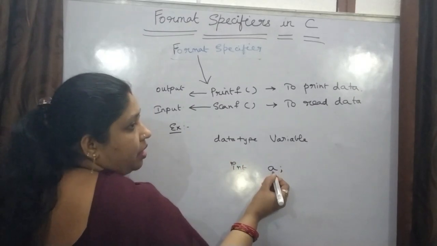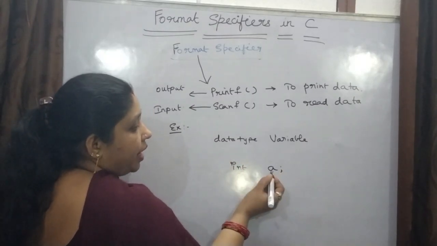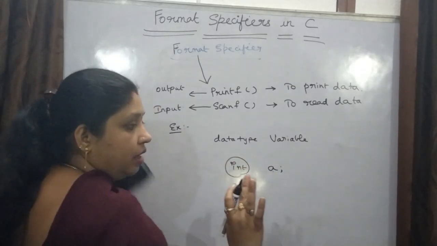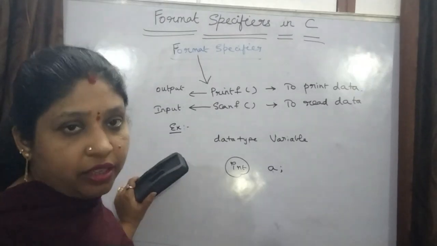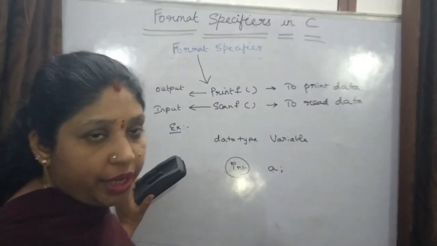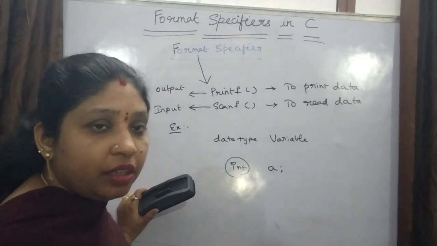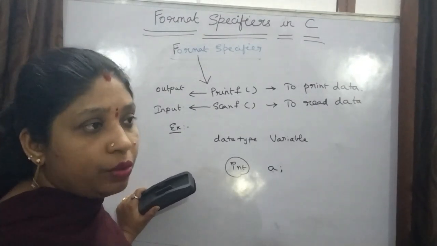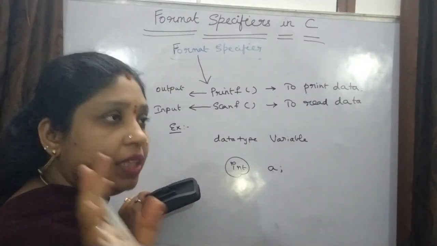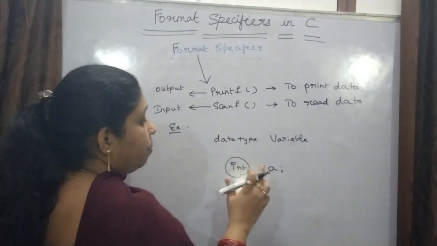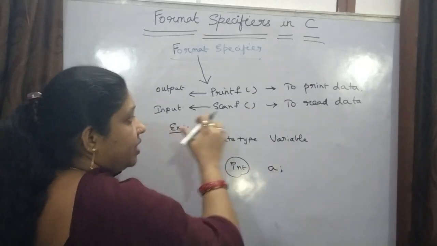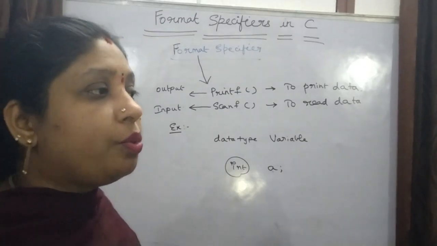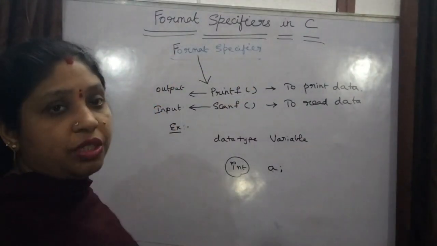Into A you can give only int data type, and nothing other than int it will accept. If you give point values, it will not accept. If you give some string, it will not accept. Only when you give integer values, that means whole numbers, will A take the value. But how does it read? I said it reads through the scanf function. So how does it read? It is going to read with these format specifiers.